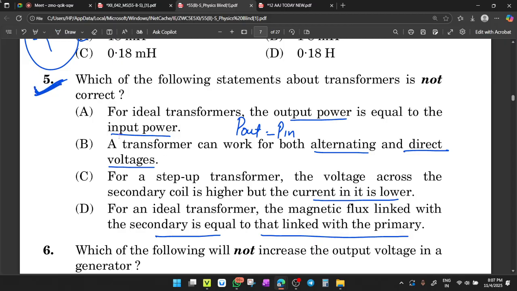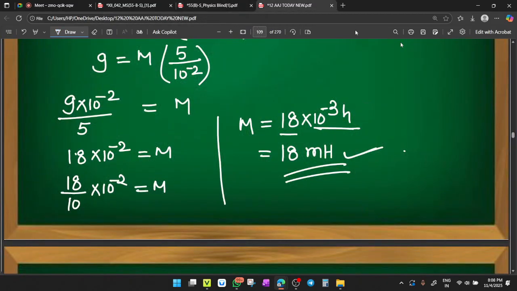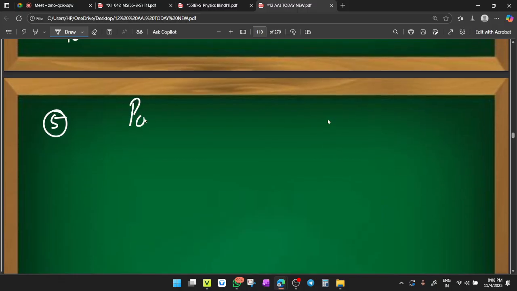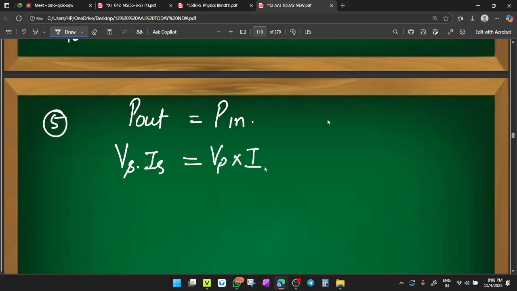Okay, let us talk one by one. For an ideal transformer, the output power is equal to input power. Correct, this is the concept for the transformer. Talking on the same concept, this is question number five. The principle of a transformer for an ideal transformer: P out equals P in, and power equals V into I. So this can be written as V secondary into I secondary equals V primary into I primary.